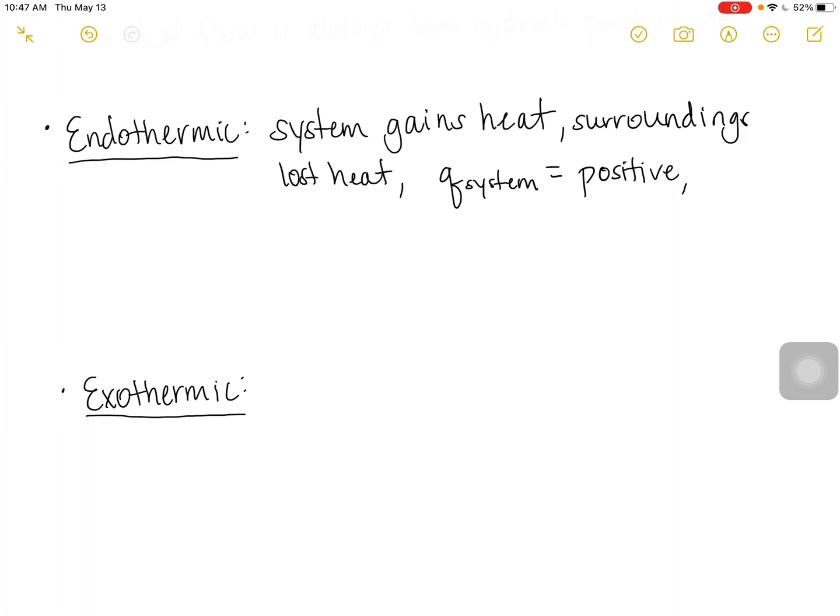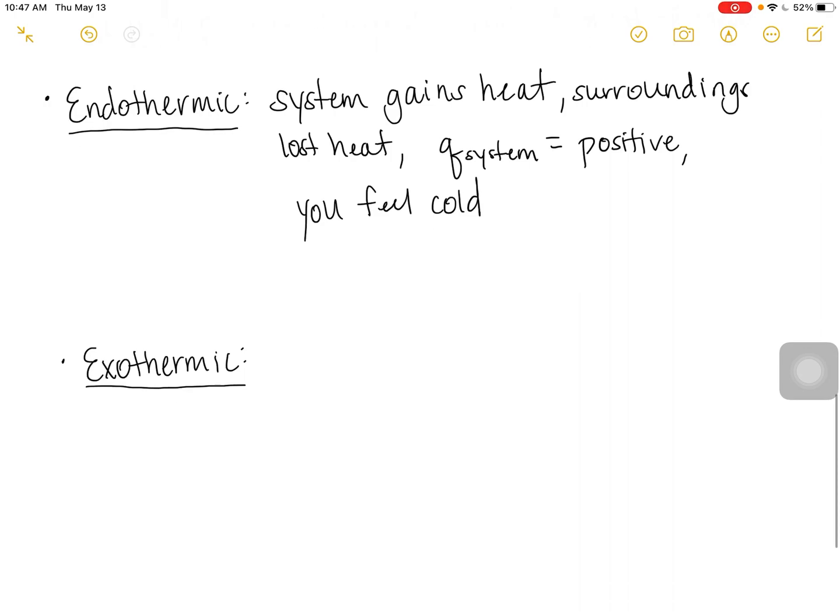If you're holding a beaker in which an endothermic reaction takes place, you're going to feel cold. Let's go over that one more time, right? You feel cold because in an endothermic reaction, the surroundings are losing the heat and the heat is going into the reaction.